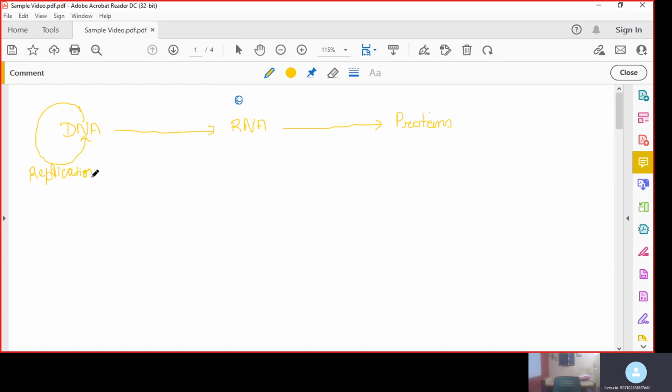Then the cell goes on to perform the process of transcription, in which DNA gets converted into RNA. Then from RNA, these are translated to proteins. So this is basically the central dogma of biology.